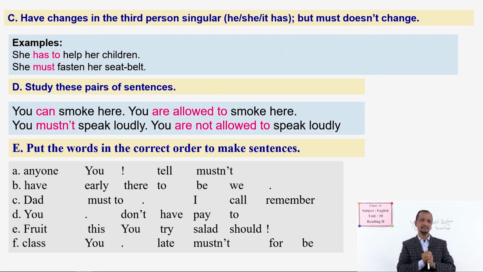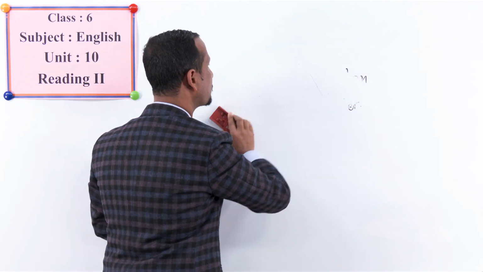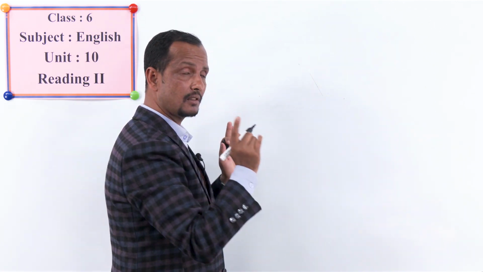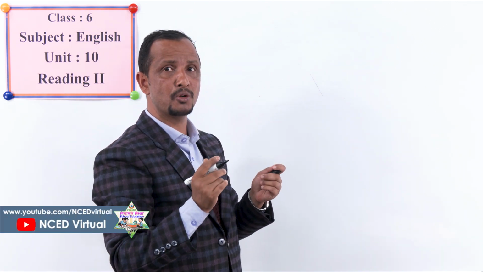Now next one. Let's see here. Have changes in the third person singular: she, he, it. That means has. But must does not change. Now let's see, has to, must. Must you can't change. Must is a modal auxiliary verb.